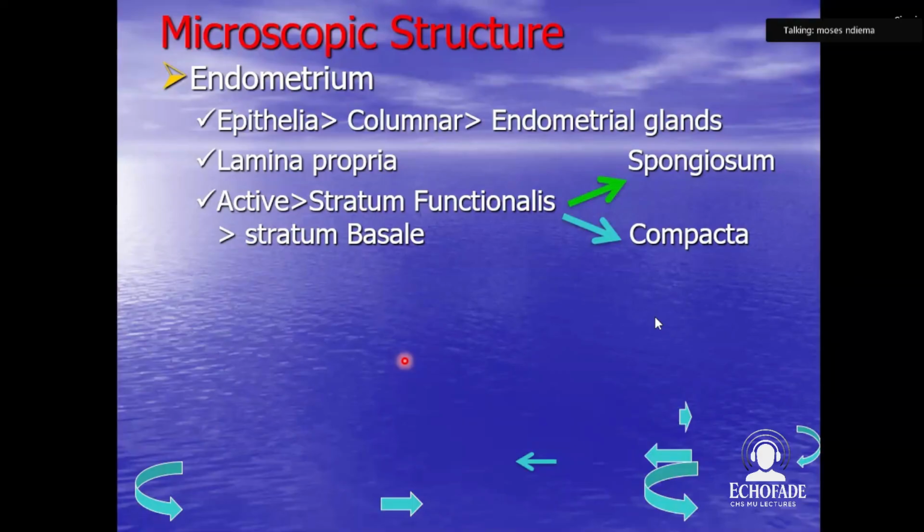These are tubular glands that invaginate from the epithelia. Then we have a lamina propria. The lamina propria is just like what you've seen before, a highly vascularized region comprising of a lot of blood vessels, some connective tissue, and also the glands in the endometrium are within the lamina propria.